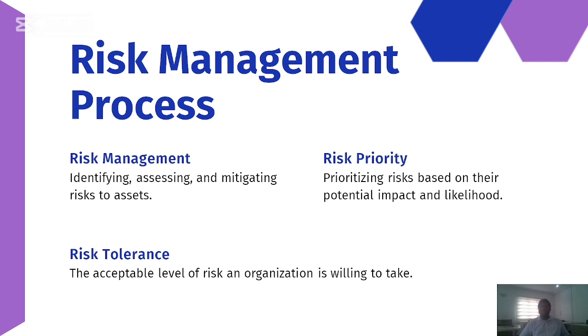So risk tolerance is looking at what the organization can bear and take if there's a risk. That is what risk tolerance is trying to address. How much can this organization take as an impact in case there's a risk happening?